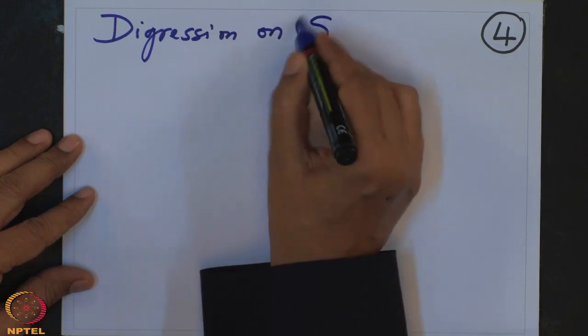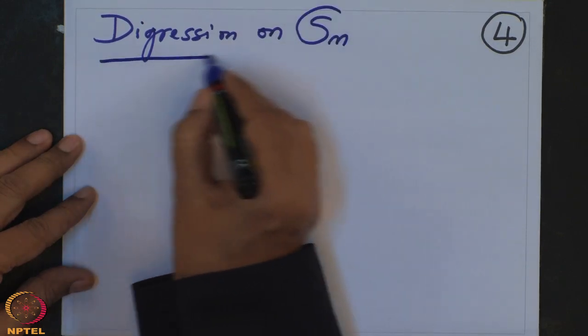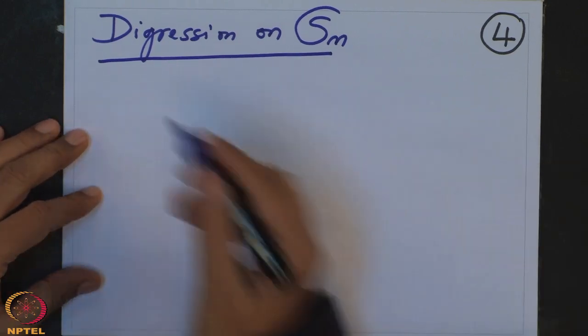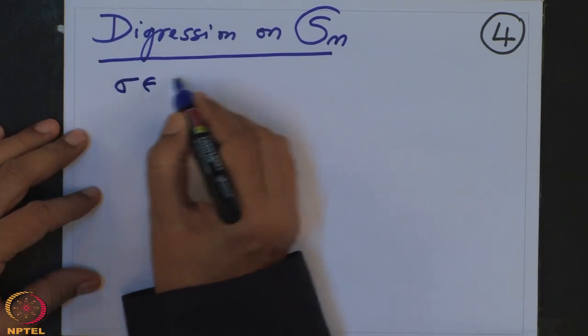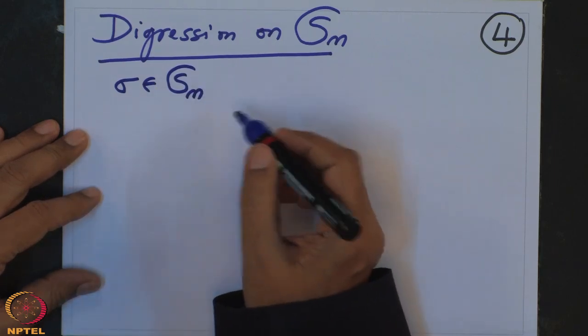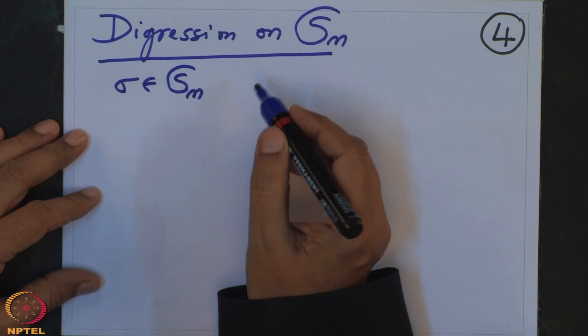the group Sn essentially. So, the elements are the permutations we know. So, sigma any element. Now, note that the sigma is a permutation.